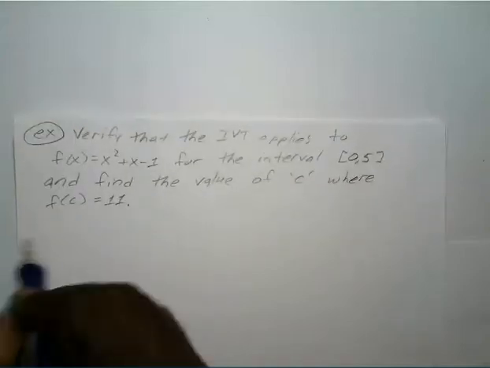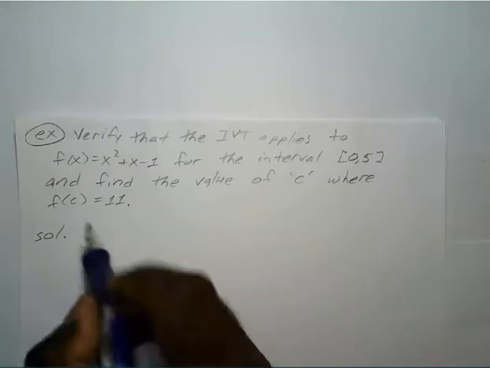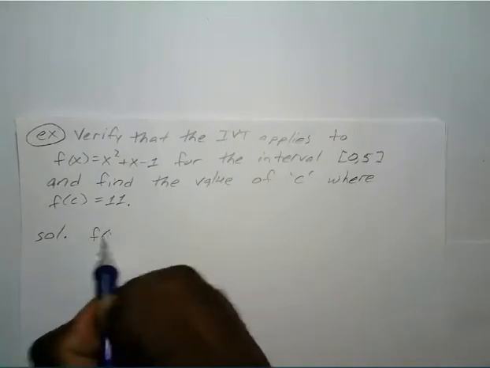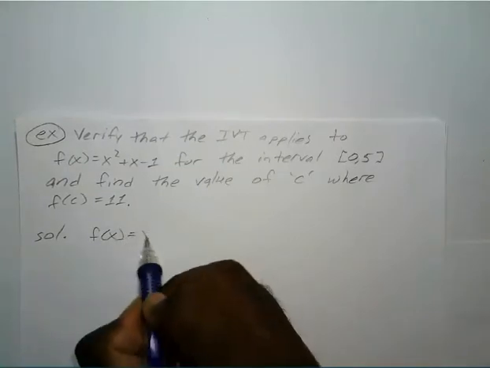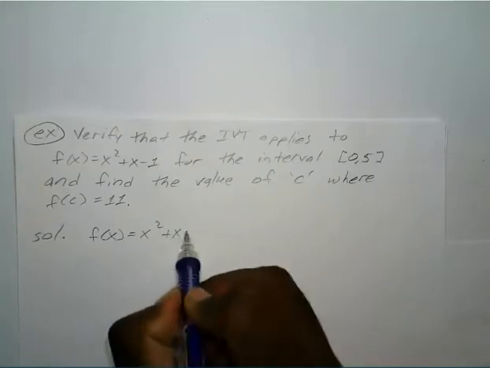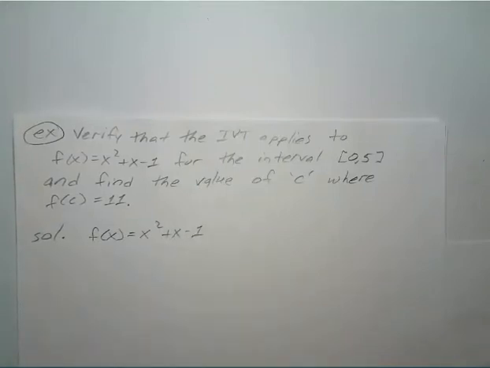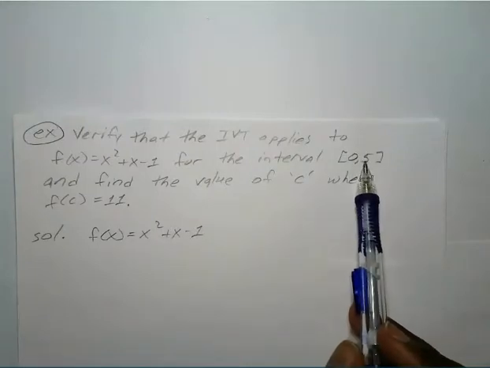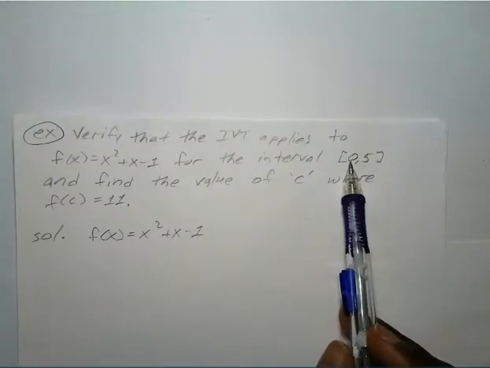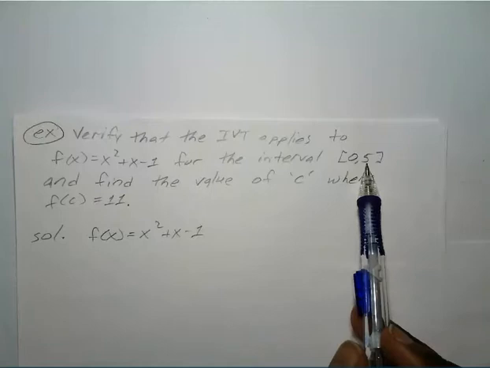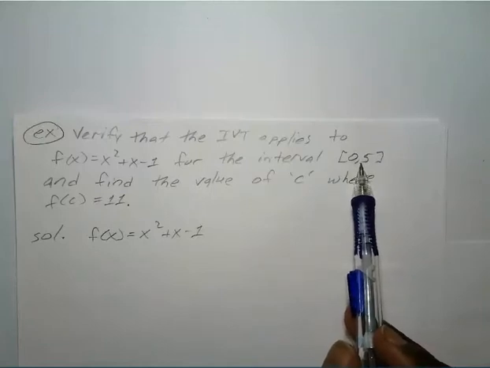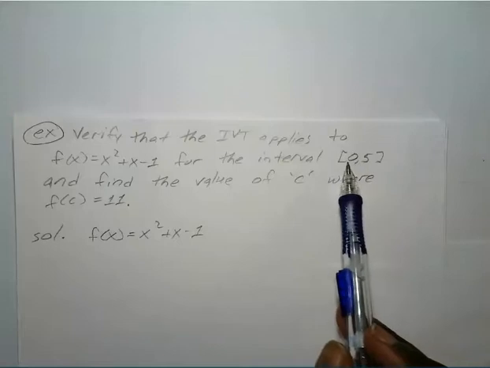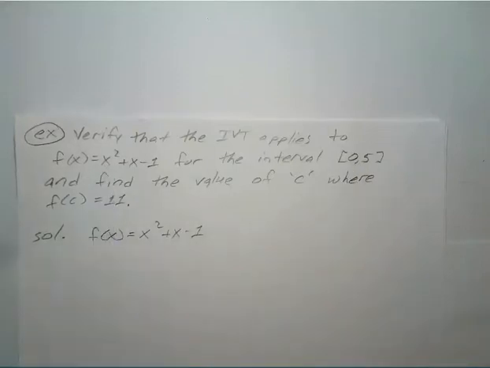All right. So we know that f of x is equal to x squared plus x minus 1. And we know it's continuous between 0 and 5 because any number you plug in between 0 and 5, whether it's 1, 1.5, fractions, decimals, doesn't matter, that value will exist.